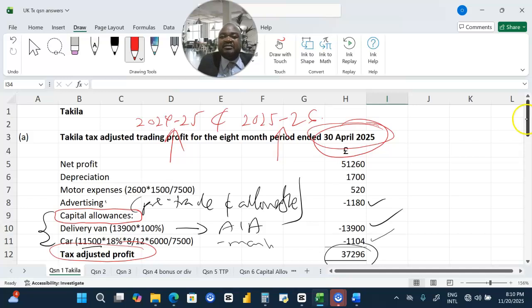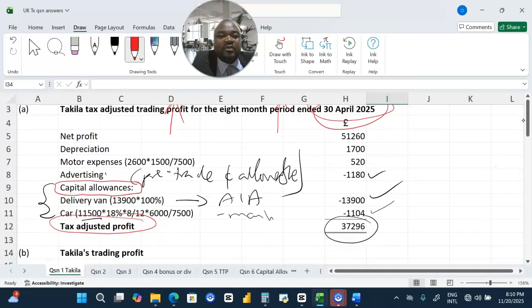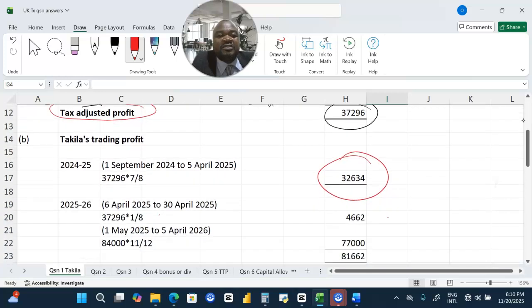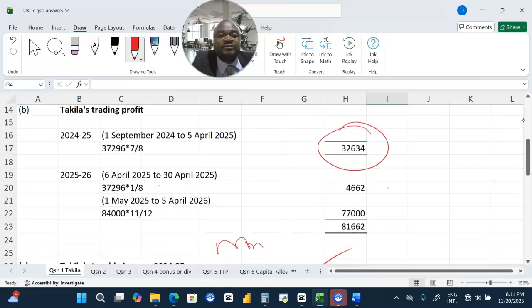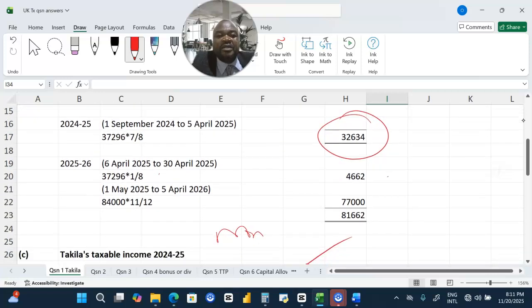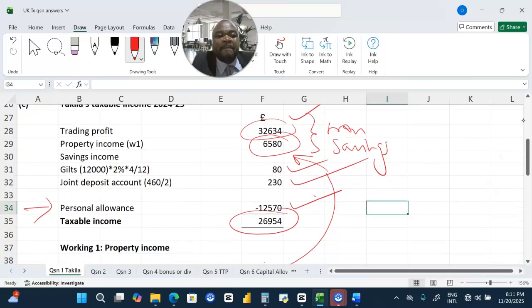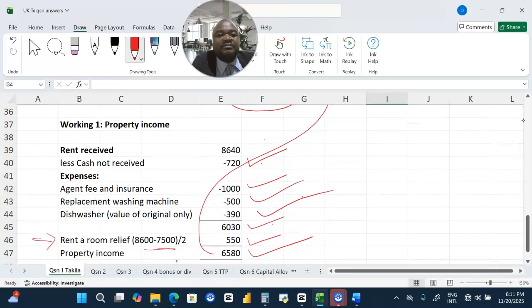The Tequila workings. So this is the part B, the part C, the workings, property income.